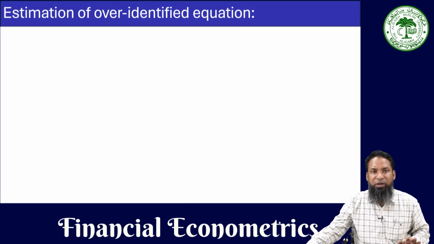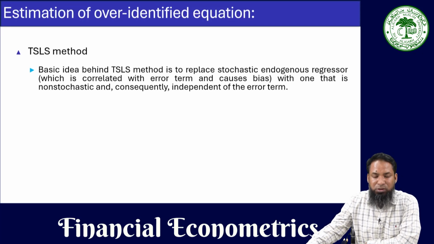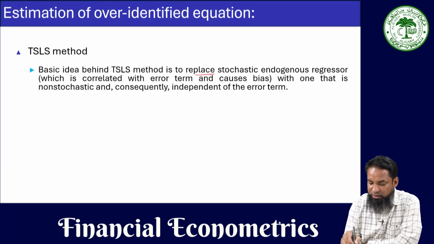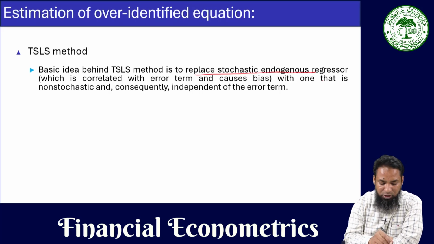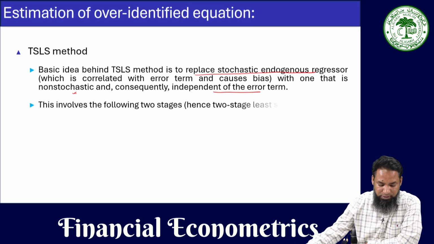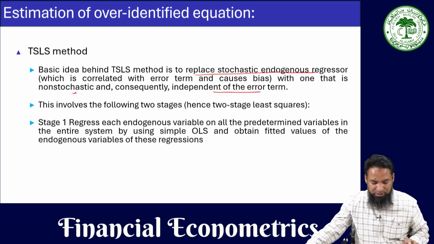Now the estimation of the over identified equation. So the two stage least squares method we can use if we have over identification. The method is to replace the stochastic endogenous regressors, which are correlated with the error term and cause bias, with ones that are non-stochastic and consequently independent of the error term. How do we do that? This involves the following two stages, which is why we call it two stage least squares.